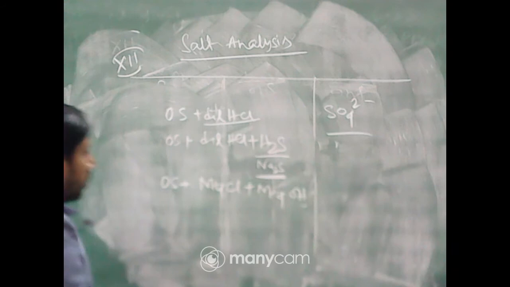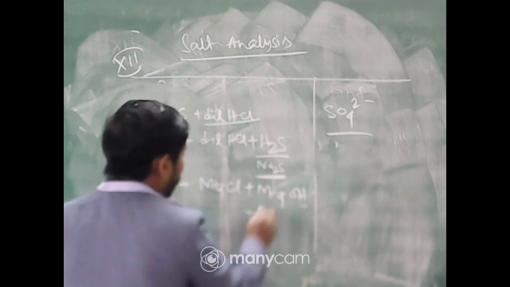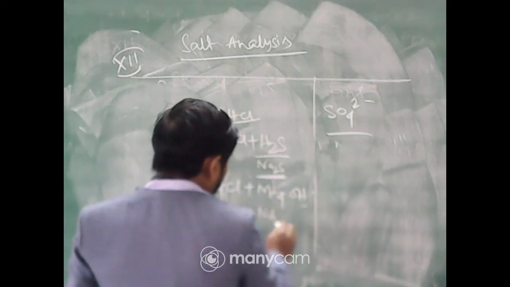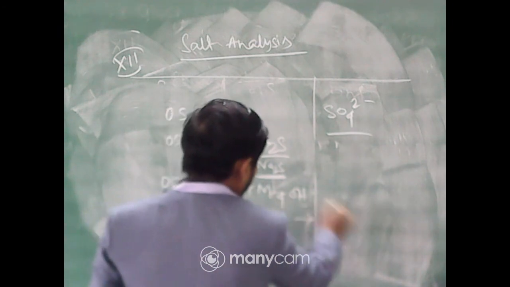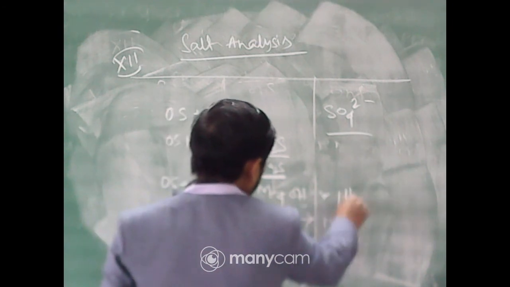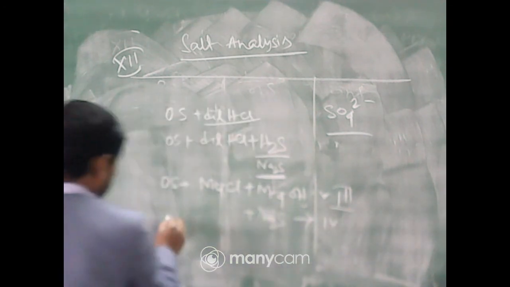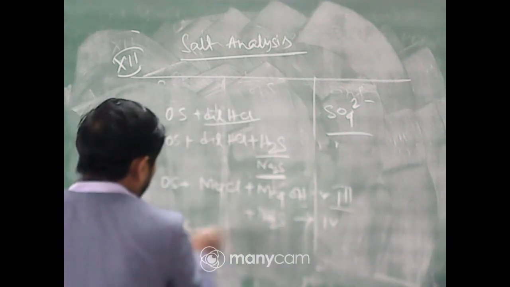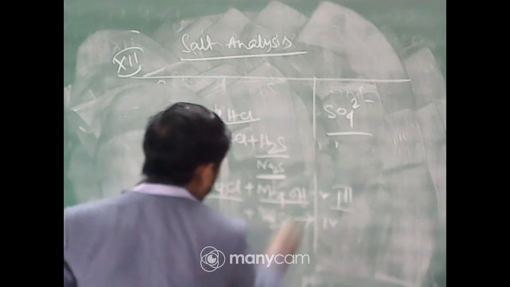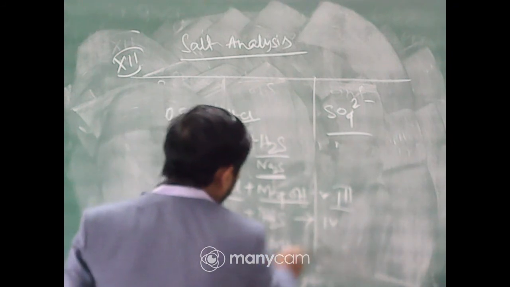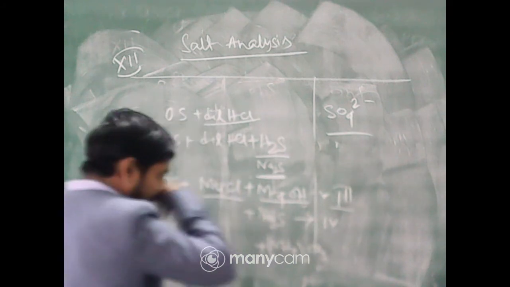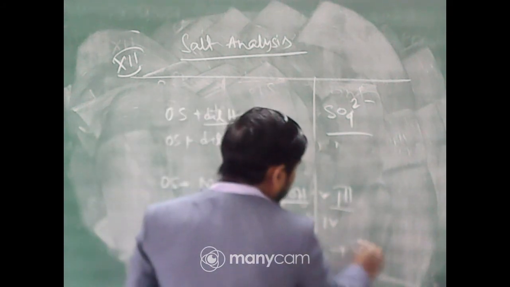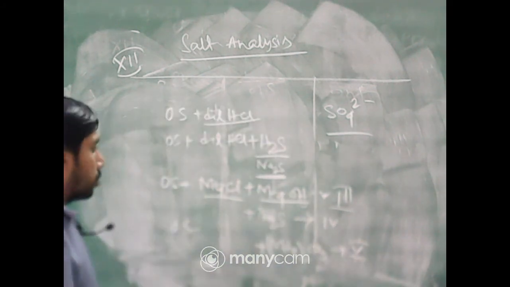Then in the same solution, if we add sulfide, that is H2S, it is for group 4. This is group 3, this is group 4. For group 5, NH4Cl, NH4OH, this is common, then ammonium carbonate. What is the reagent for group 6?